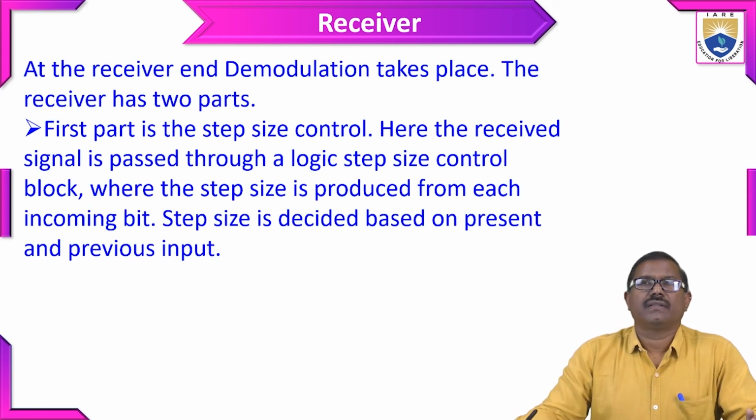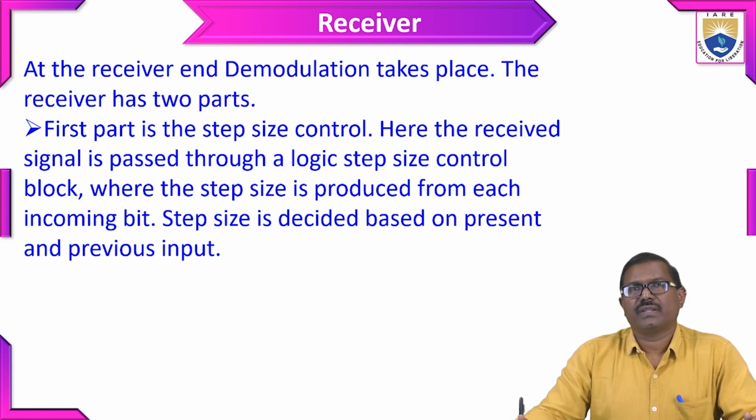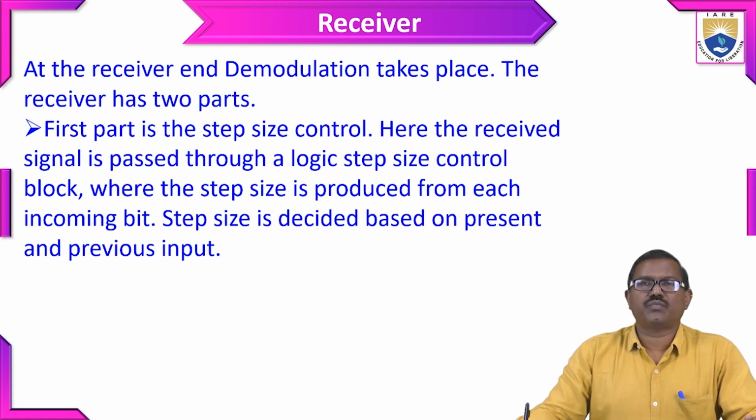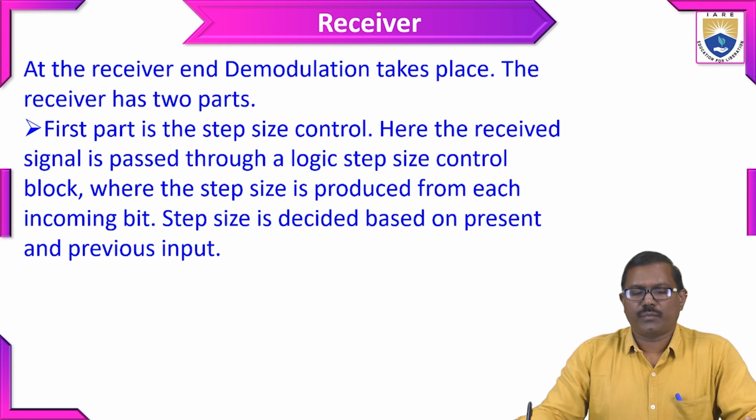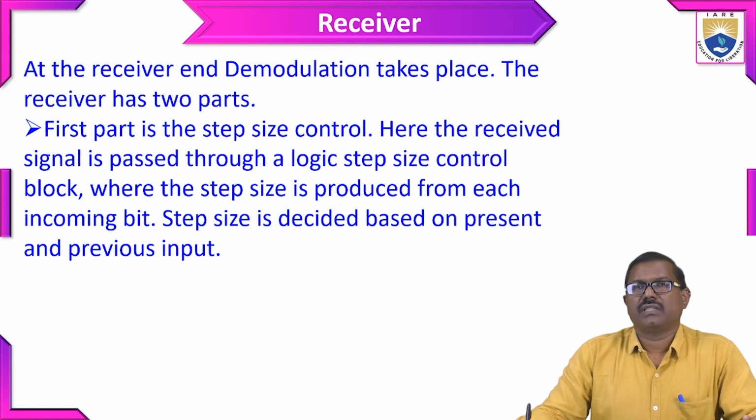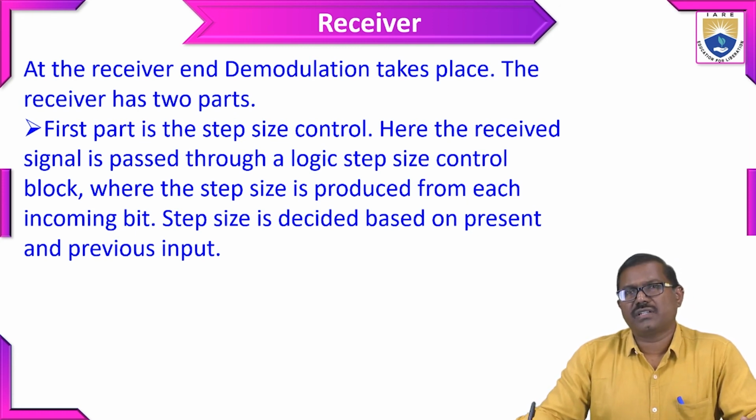So here is a small description about this receiver. The receiver has two parts. The first part is step size control. Here the received signal is passed to the logic step size control block, where the step size is produced from each incoming bit. The step size is decided based on the present and previous bits.